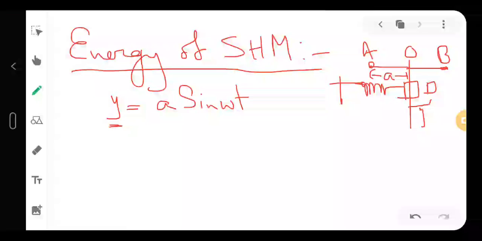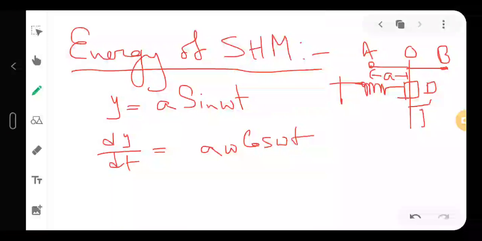So if the displacement is dependent on t, and I just differentiate with respect to time, I will get dy by dt is equal to a omega cos omega t.